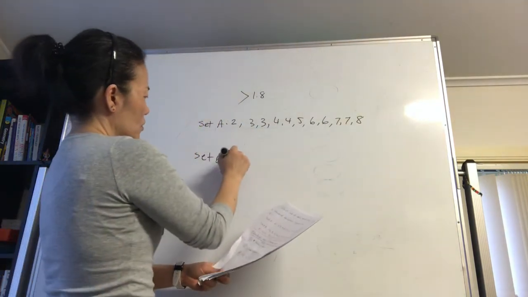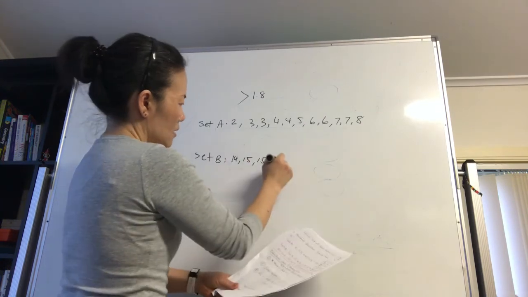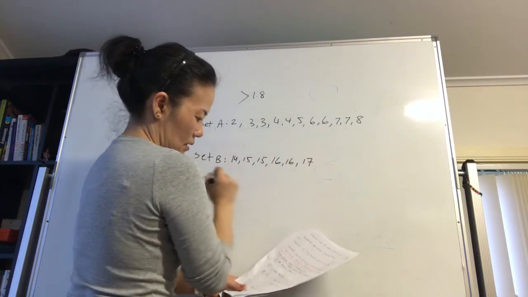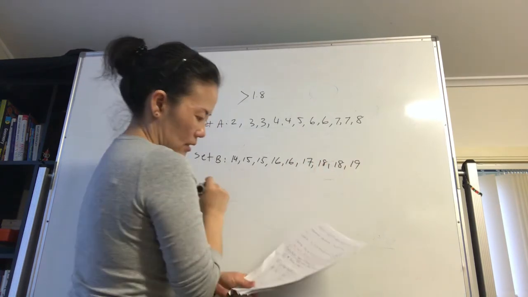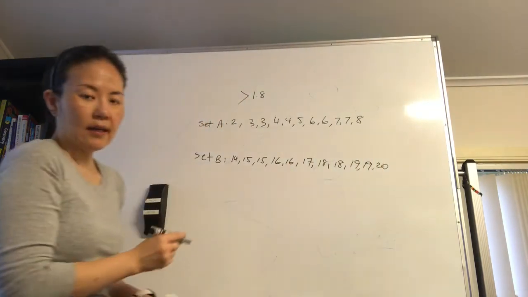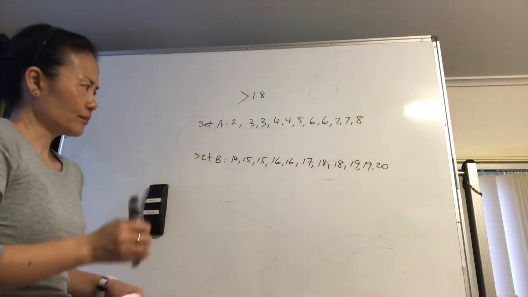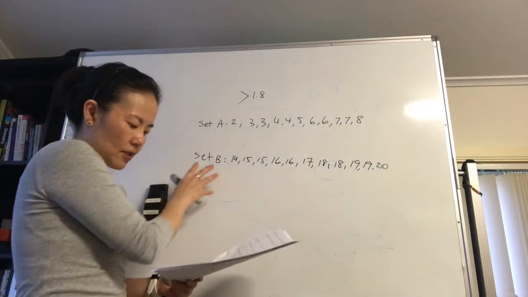Set B: 14, 15, 15, 16, 16, 17, 18, 18, 19, 19, 20. Okay, so we need to find the standard deviation for set A and standard deviation for set B.